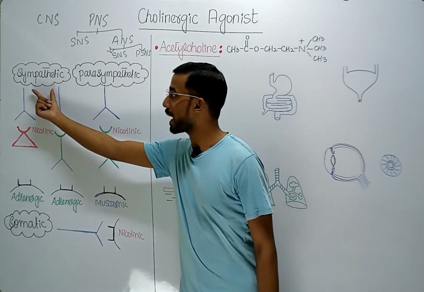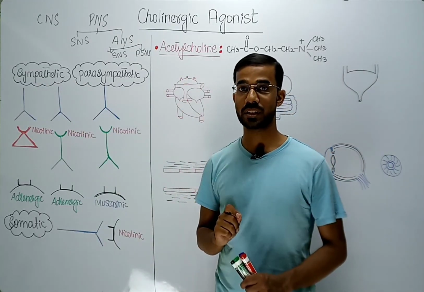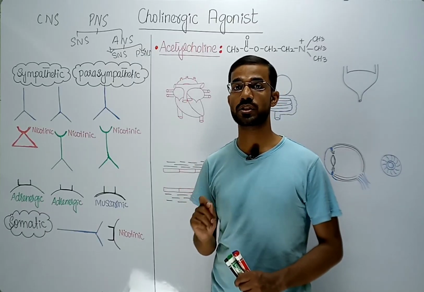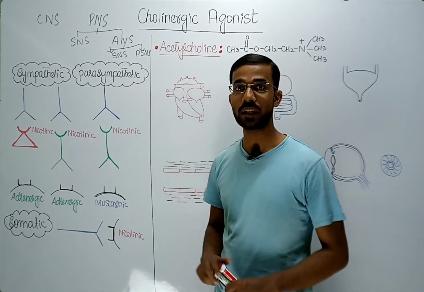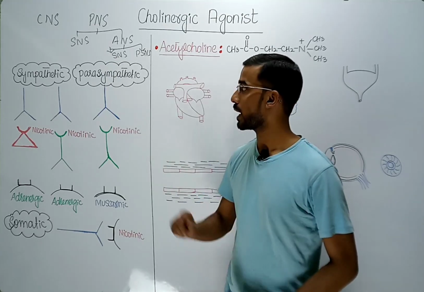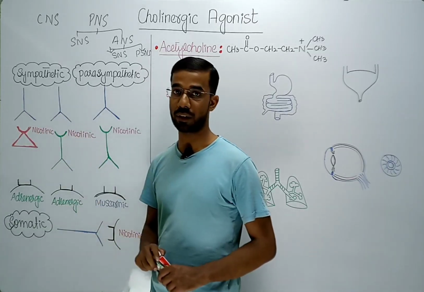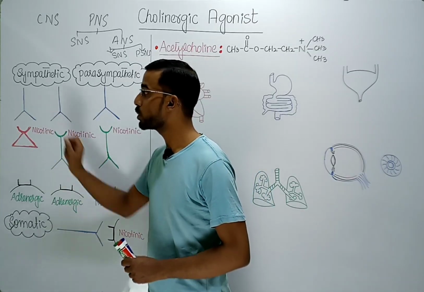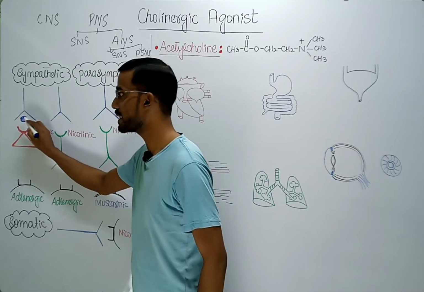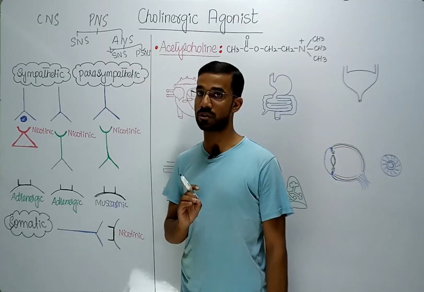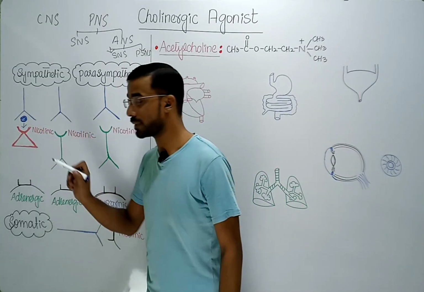First of all, if we look at the sympathetic nervous system, in the sympathetic and the parasympathetic nervous system, two main neurons are present, preganglionic and postganglionic. In the sympathetic nervous system, the first case is the preganglionic neuron. It produces acetylcholine. It's a natural process. Then this acetylcholine binds with its receptor.